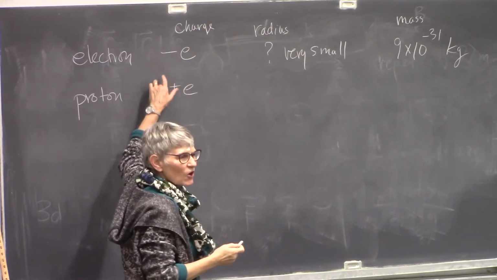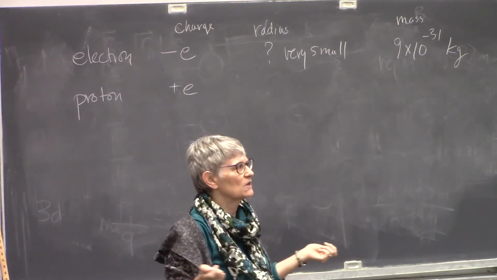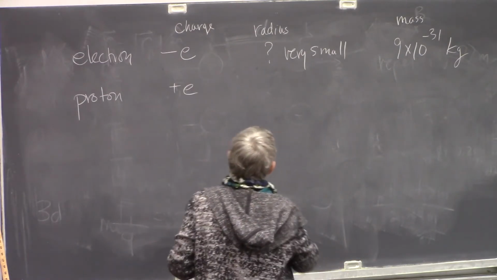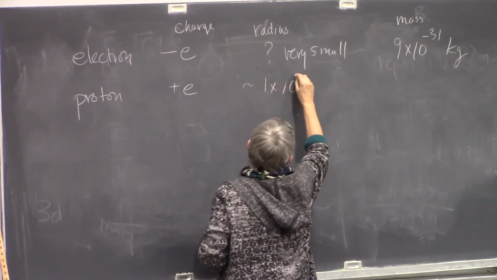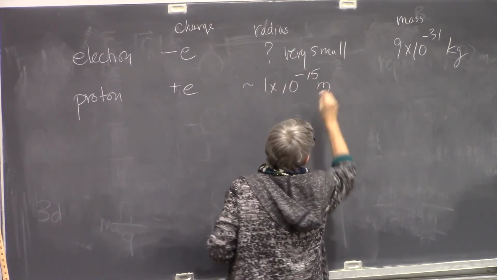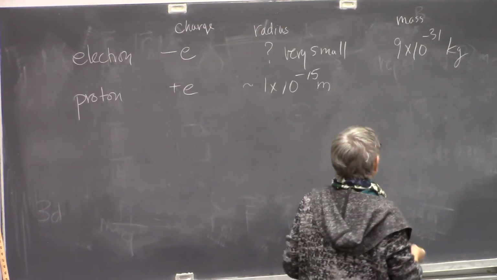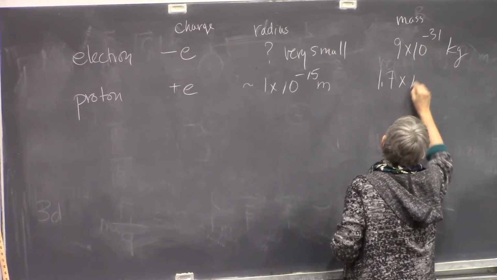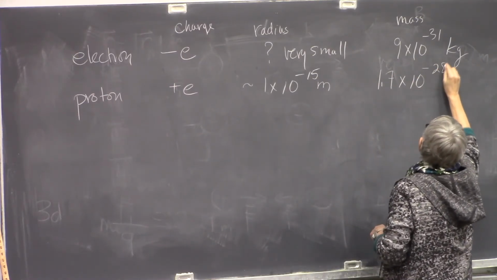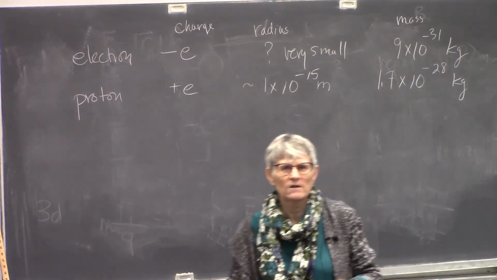So again, we see charge occurring in multiples of 1.6 times 10 to the minus 19 coulombs. Radius of a proton is about 1 times 10 to the minus 15 meters. And its mass is about 1.7 times 10 to the minus 28 kilograms. So more mass.